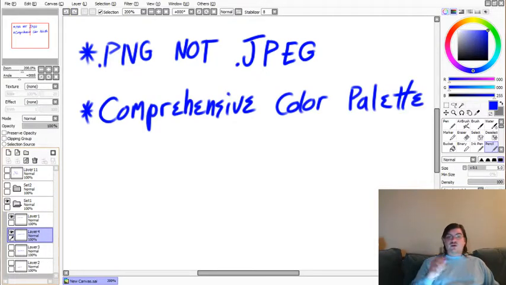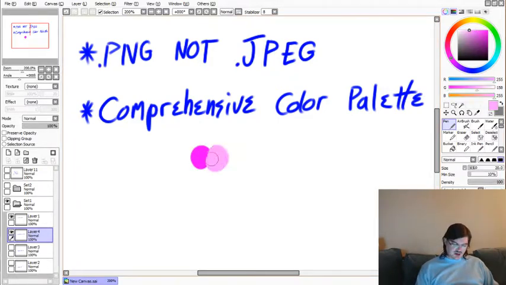See, the next point that I want to be sure that you guys hear is that there is a comprehensive color palette on your reference sheet. Now, what I mean by a comprehensive color palette is not just a couple of circles sitting around and be like, yeah, just figure that out. No, I want you to make sure that when you put those circles there, you also go, oh, this one is for skin, and this one is for fur, and this one's the belly.